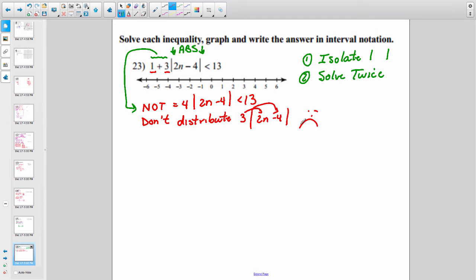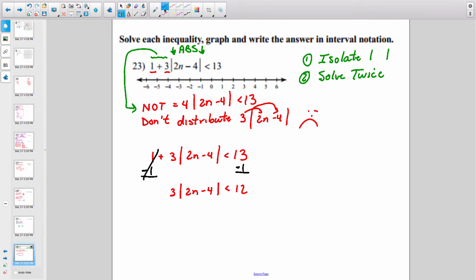So how do we solve this? Okay, first step, isolate. So I'll just rewrite it since I made all those notes kind of messy up there. Okay, isolate it. So that means, let's say, get rid of the 1 first, both sides, leaves us with 3 times the absolute value of 2n minus 4, and that is now going to be less than 12.